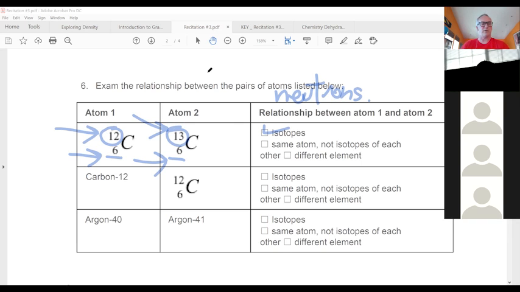What about the second one, group 5? Let's go to group 5. The second one here. Are those the same atom but different isotopes, same atom and same isotope, or are they different elements entirely?